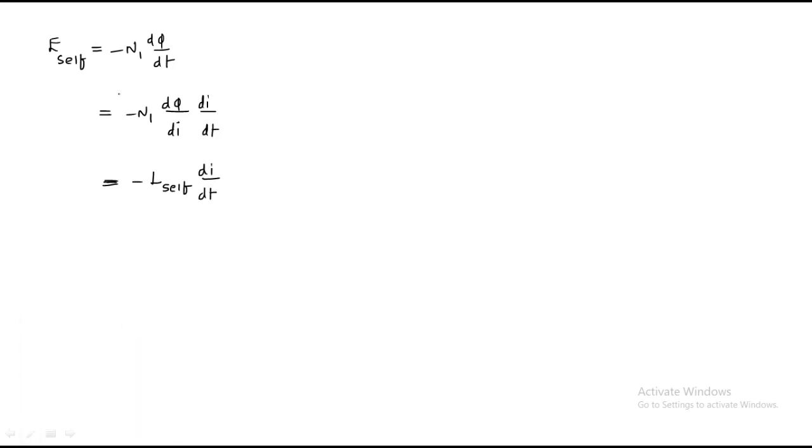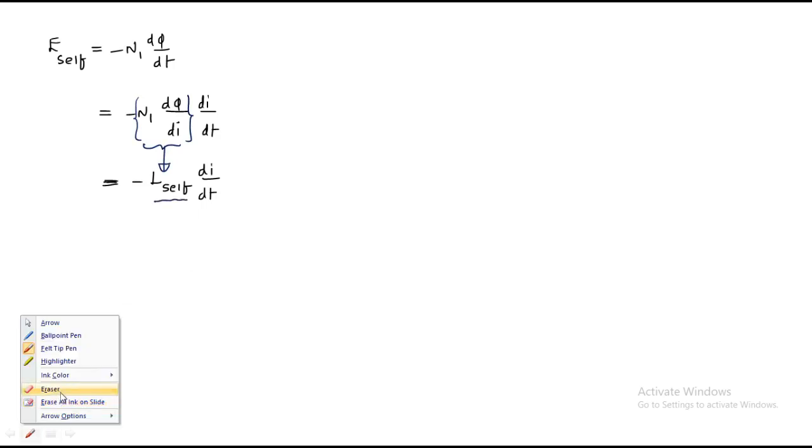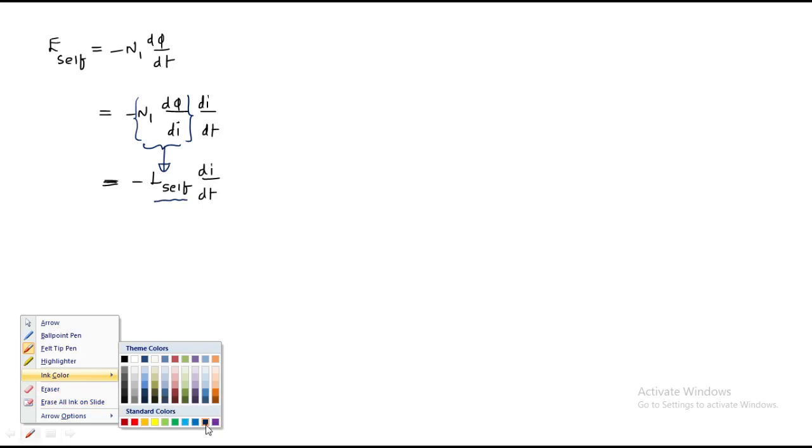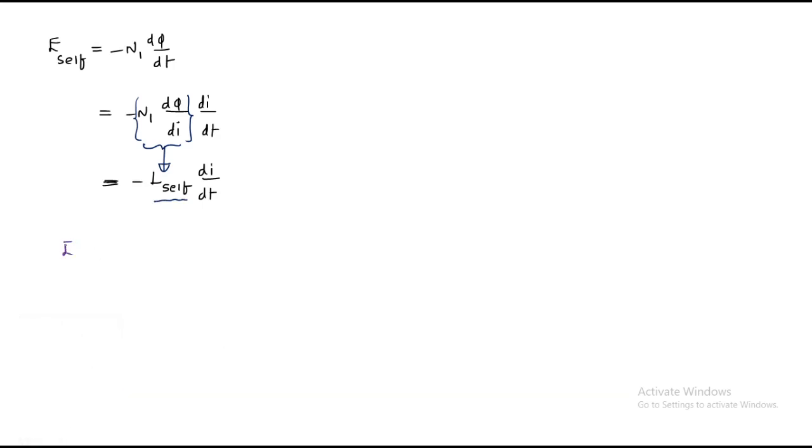Why is it like that? Minus N1 dφ by di, which is nothing but L self, right? It is nothing but self inductance. So from this, what is the observation? E self, which is equal to E1, which is equal to minus L self di by dt.